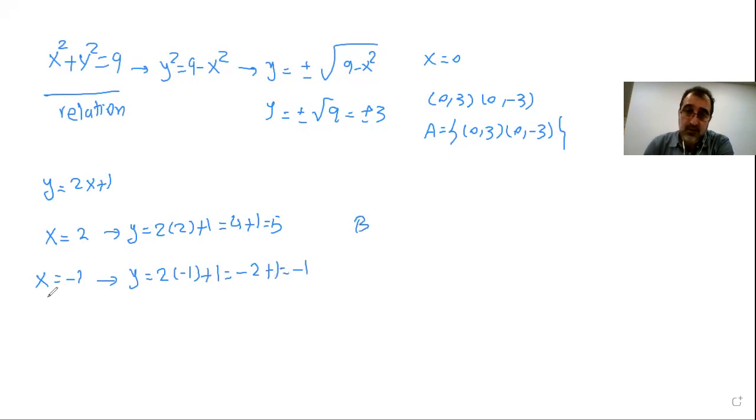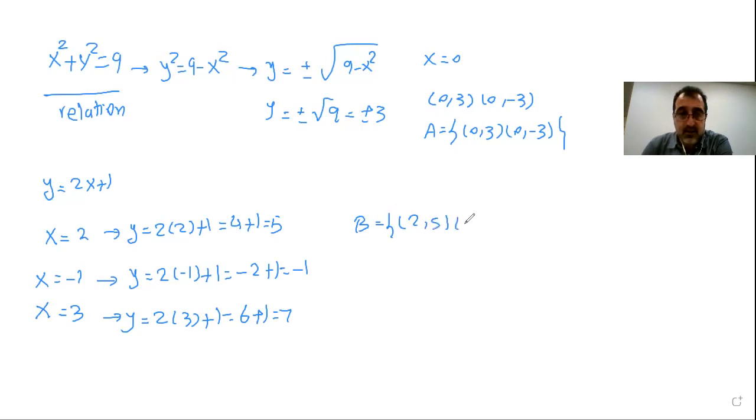Then for x equal 3, we'll have 2 times 3 plus 1, 6 plus 1, 7. Then another set of ordered pairs comes with (2, 5), (-1, -1), (3, 7).